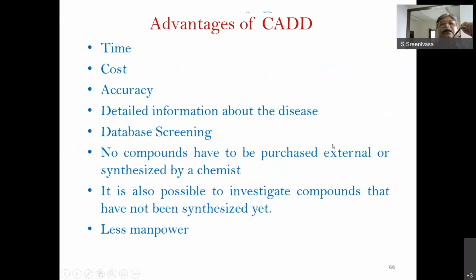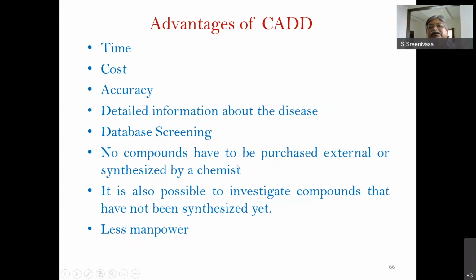Okay, see, as I told, the CAD is very advantageous because it saves the time, it saves the cost, it increases accuracy. You have more detailed information about the disease. Database screening is easy.